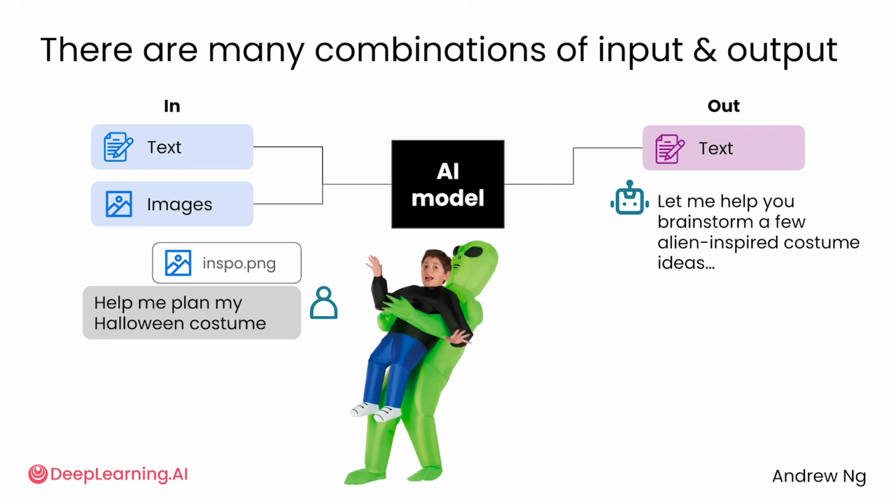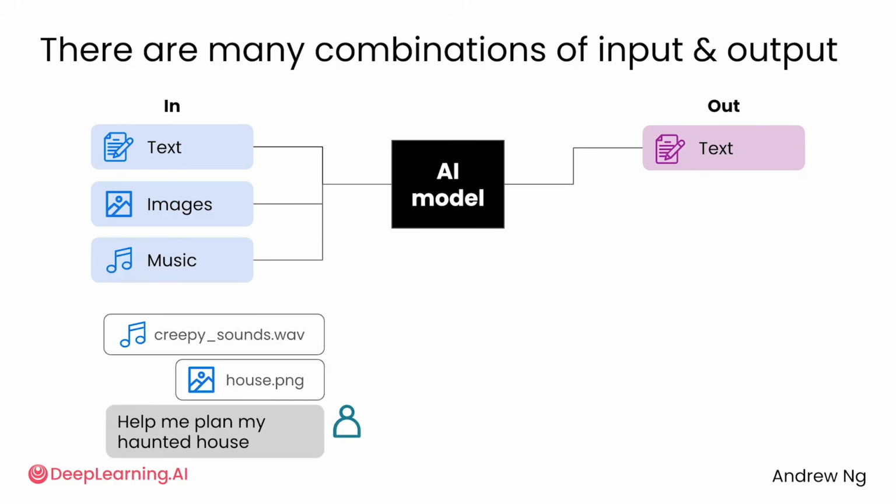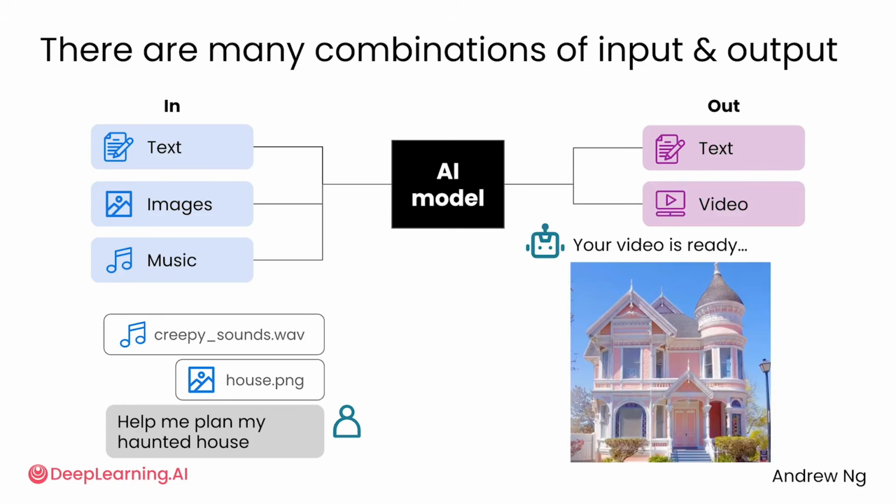Or you can also upload music to an AI model and ask it, help me plan my haunted house. And AI may be able to take these things as input and generate both text and a video of a haunted house design, incorporating your creepy sounds audio.